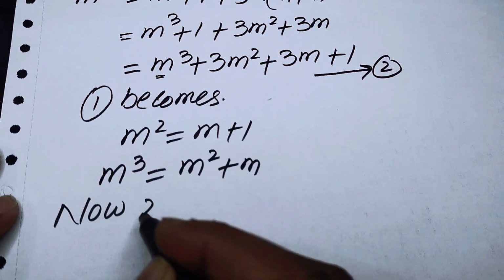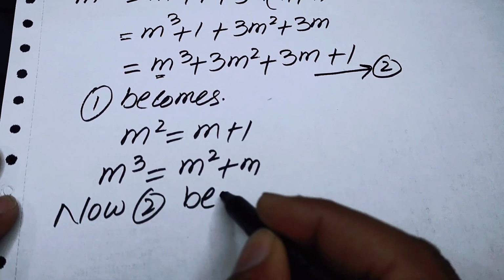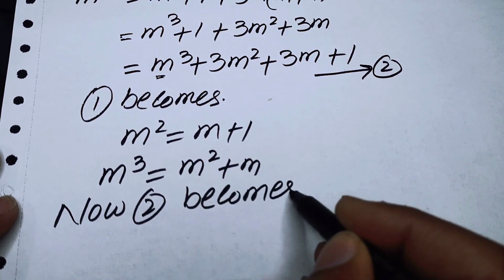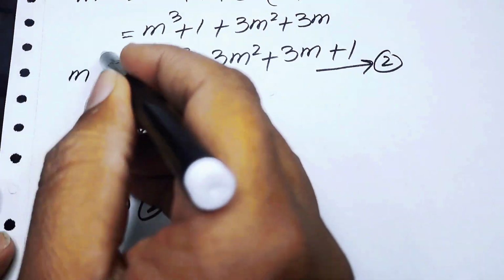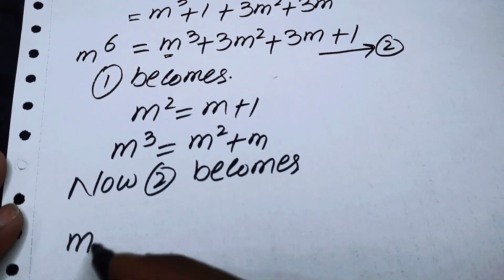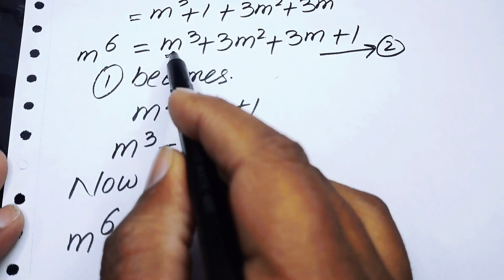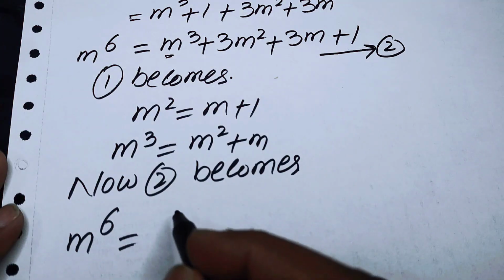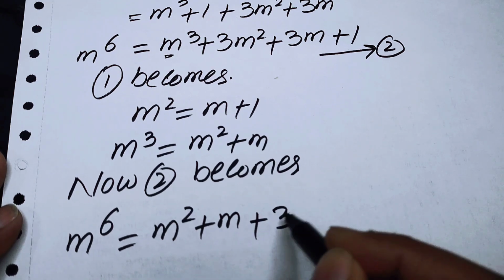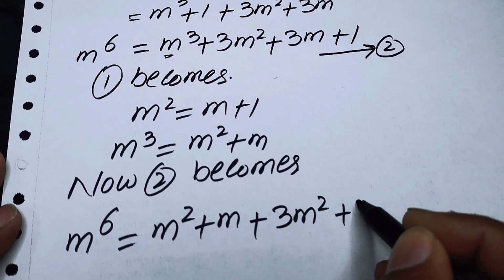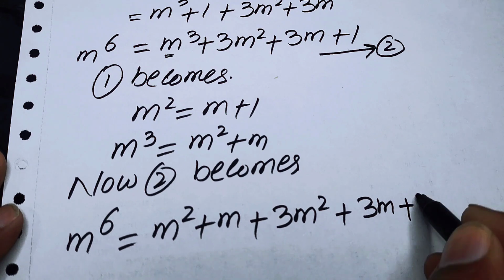Now equation 2 becomes, in the left hand side we have m to the power of 6. So we have m to the power of 6 is equal to, now we substitute the value of m cubed, which is m squared plus m, plus 3m squared plus 3m plus 1.